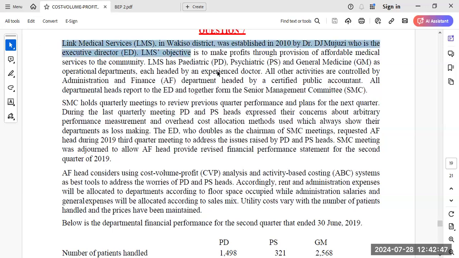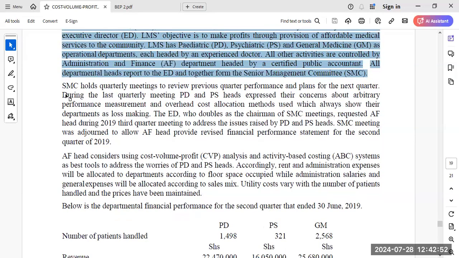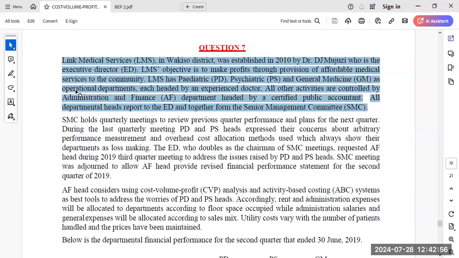So this one, you don't need to come back to this paragraph again. SMC, that is the senior management committee, holds quarterly meetings to review previous quarter performance and plans for the next quarter.